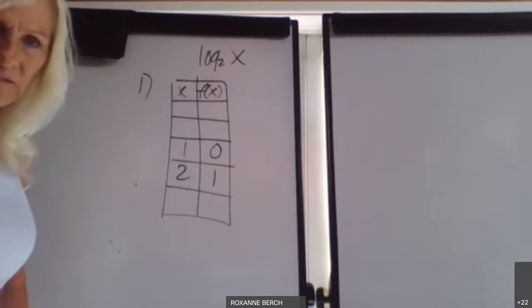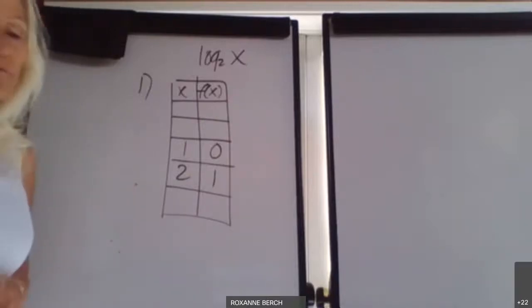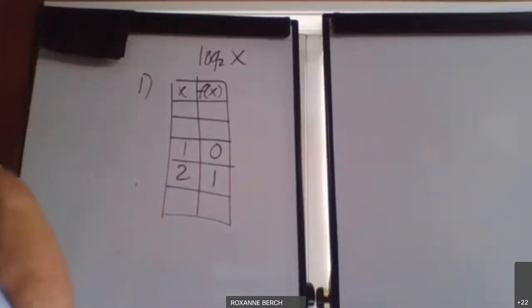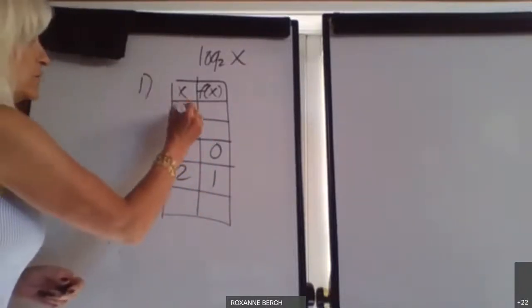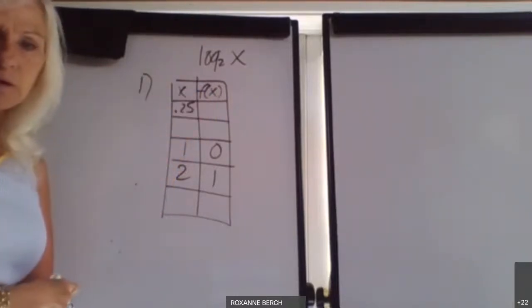You know what I mean? So I'm just telling you, you can do that. So figure out these two, look at the graph, and then copy the other points. Like one of them is 0.25. Who cares what that is? Just put it in there.